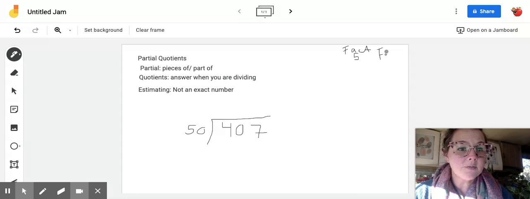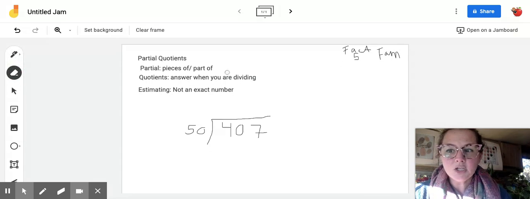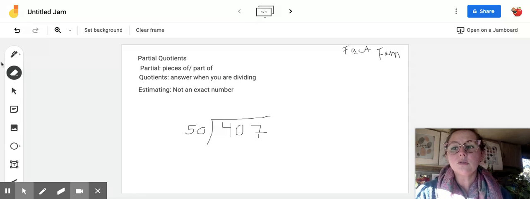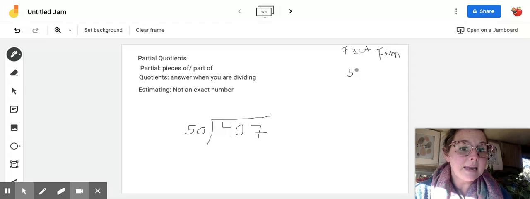Now, with your fact family, this is when you are going to start doing multiplication. This is why we practice it all the time, because it is used all the time. So with your fact families, we're going to be looking up multiples of 50. Do not get scared by 50. It's not a scary number.